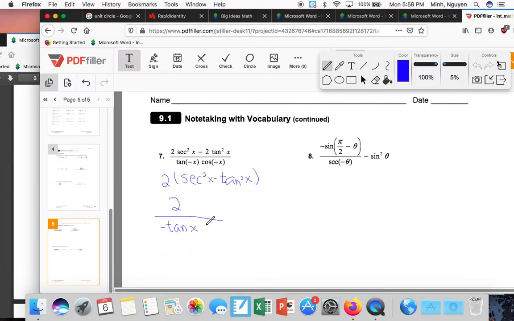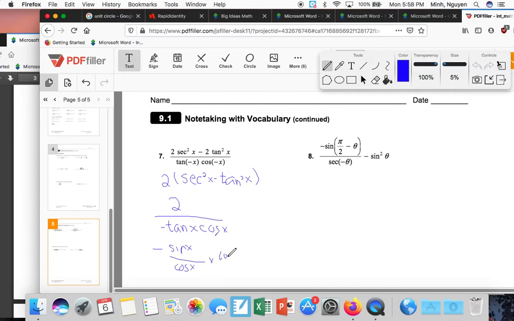So if it's the same, then I'll go ahead and just say this. Actually not finished because tan is sine over cosine. So negative sine x over cosine x. Sorry, this is so painful. Negative sine x over cosine x times cosine x.